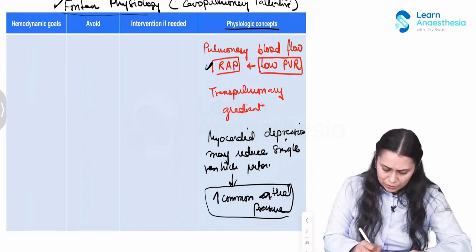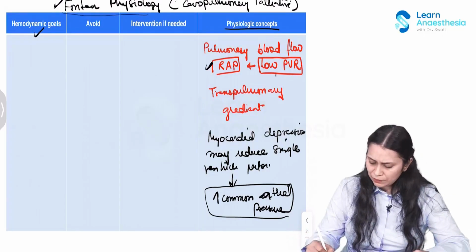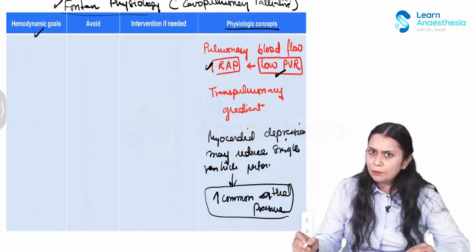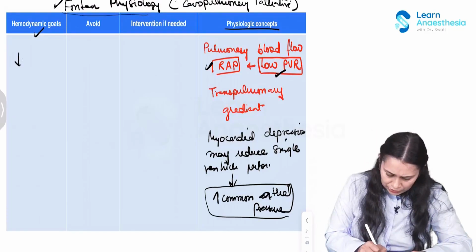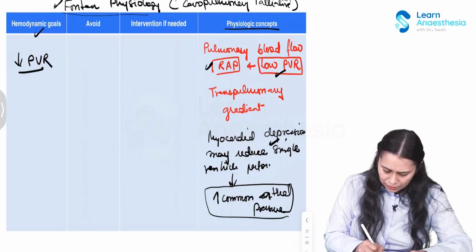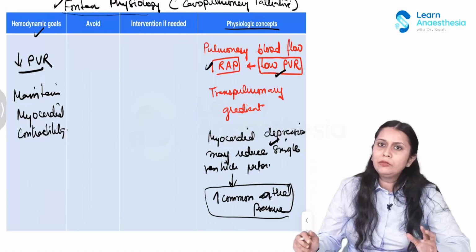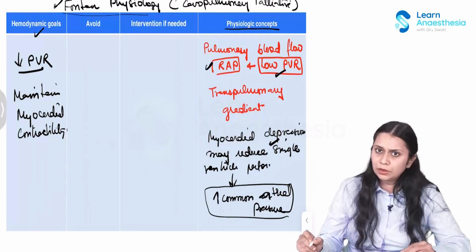So what is our hemodynamic goal? We need to decrease the PVR as much as possible to maintain the pulmonary blood flow. So decrease pulmonary vascular resistance and maintain myocardial contractility. Now remember, in this we need to maintain the preload, right?